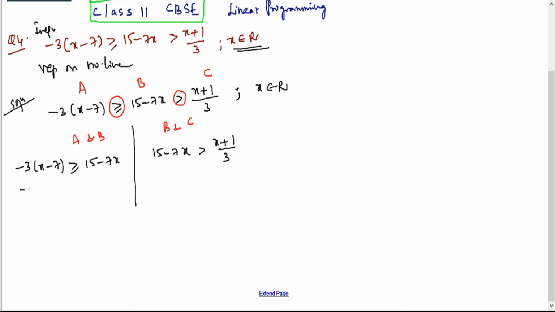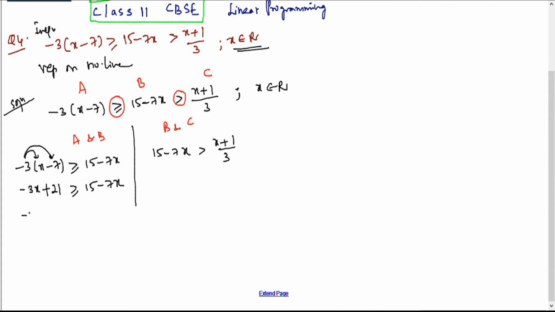So minus 3x, and then minus 3 into minus 7, plus 21, greater than or equal to 15 minus 7x. Be careful with the sign. You have to change the sign because it's minus outside, and inside also you have minus. Minus into minus becomes plus, and 7 into 3 is 21. Some children have this habit of forgetting to multiply with the second part. Please remember this, you cannot do that.